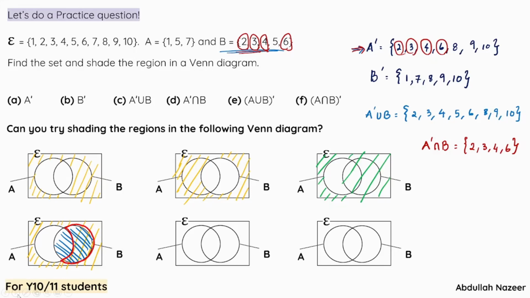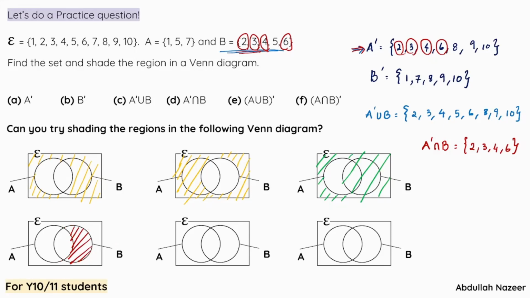Because that is the only section where you can see both the yellow strikes and the blue strikes. So that should be the common region. Now that I know the common region, that is the region that belongs to A complement intersection B. So I'm going to go ahead and just shade that region only. So the region that belongs to A complement intersection B would be this region.